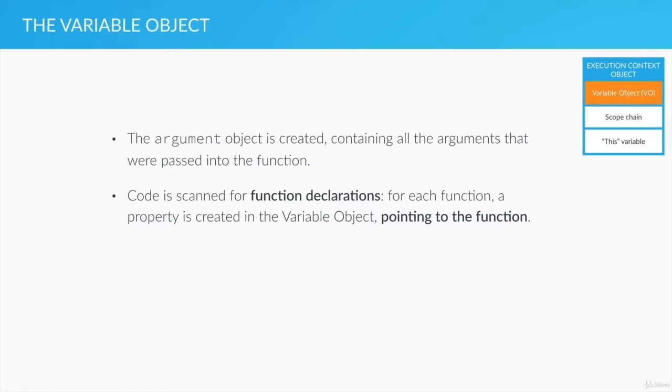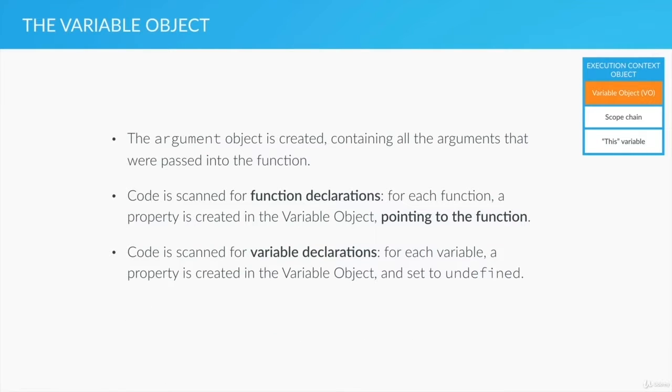This means that all the functions will be stored inside the variable object, even before the code starts executing. And this is very important for you to know. And lastly, the code is scanned for variable declarations, and for each variable, a property is created in the variable object and set to undefined.